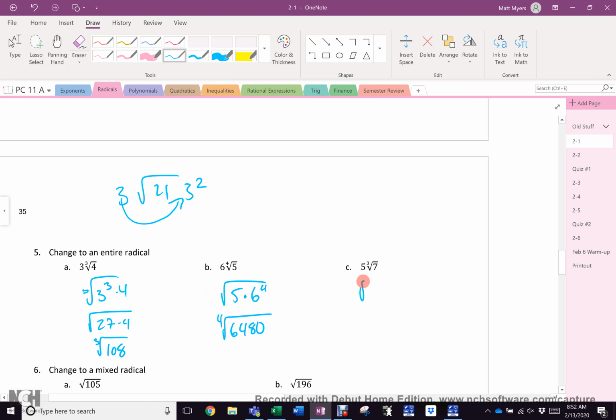And what would this one be? 7 times 5 cubed, which would be 7 times 125, which would be 875. Yeah? 875. 700.